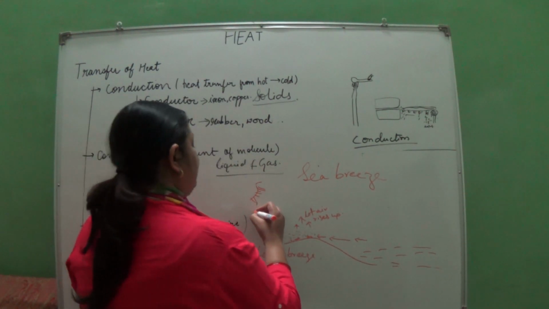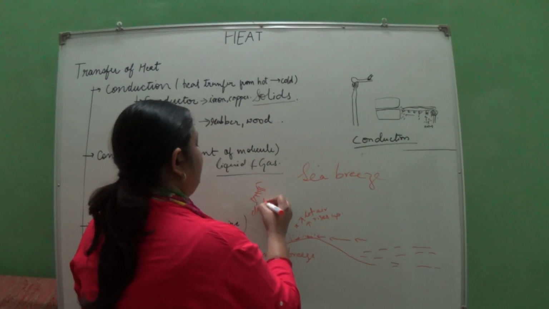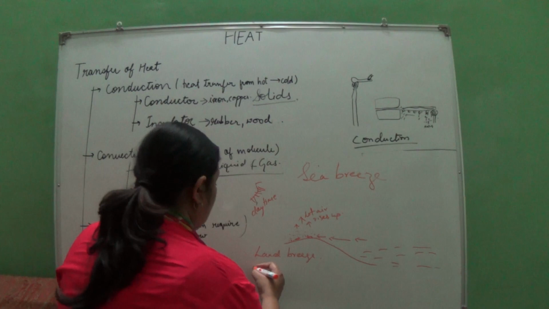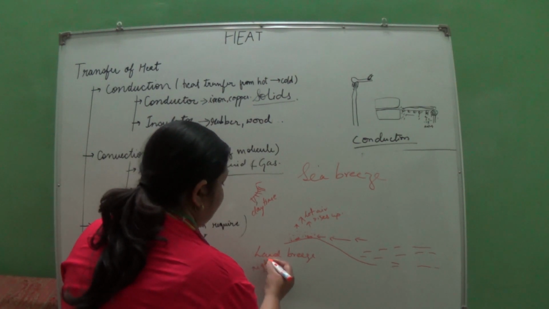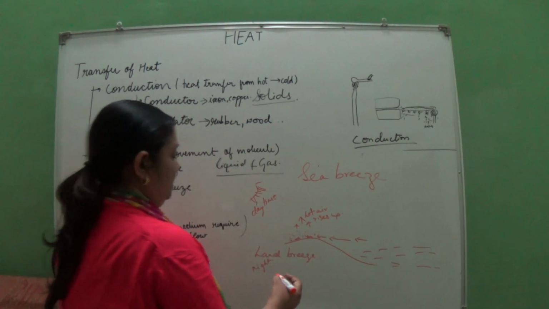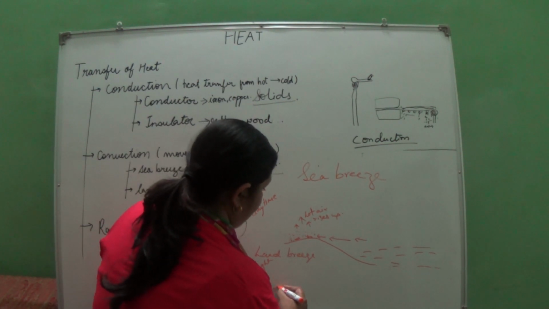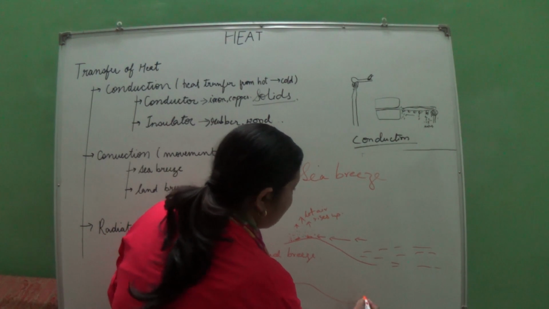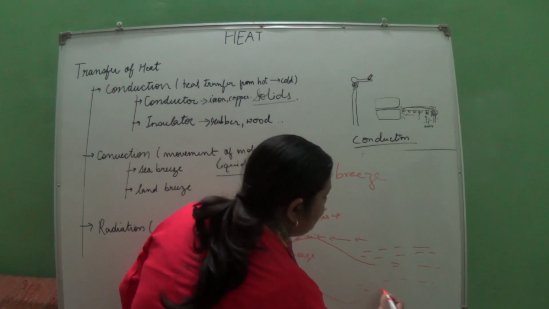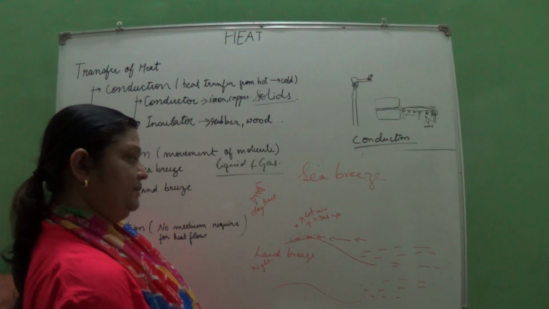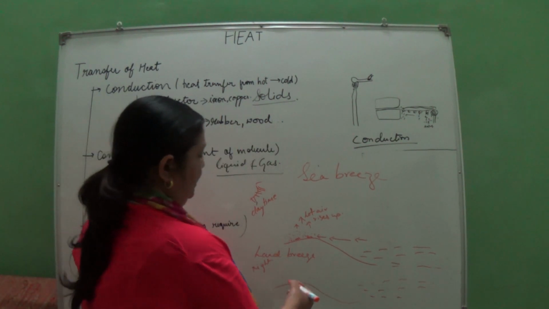Now coming to land breeze. Sea breeze took place during the daytime. Land breeze takes place during the night. This is again land, this is sea. What happens during the night?